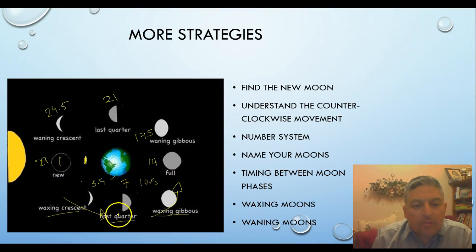So therefore your waxing moons are going to be on the bottom and your waning moons on the top. Waxings, remember, the lit sides of the moons are on the right. And then the waning moons are on the left side, and those were already explained on the previous slide, so you can go back and look at them.